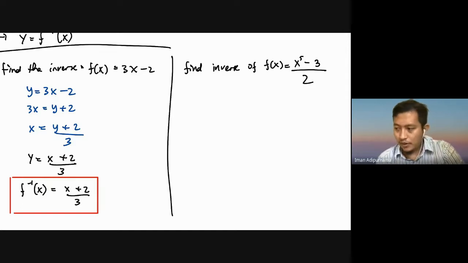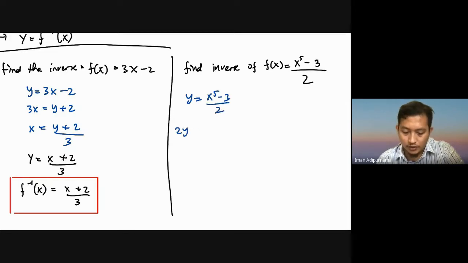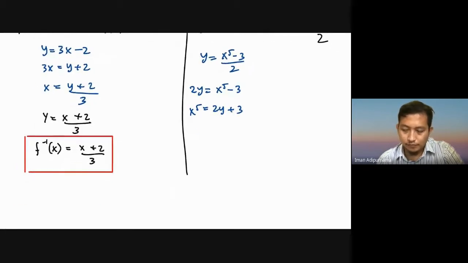Okay, so we can write y equals 5. And we can write this is 2y, and we can write 2y plus 3.